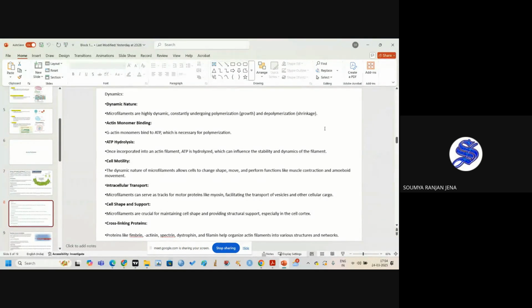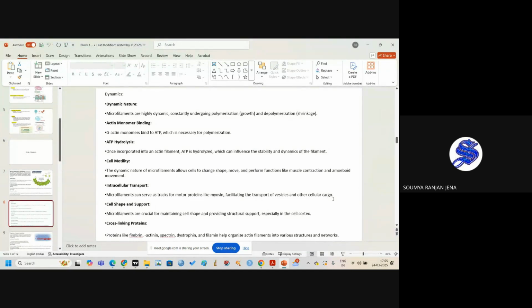And amoeboid movement means the movement of the cells because of these actin filaments. Another function is intracellular transport. Microfilaments can serve as tracks for motor proteins like myosin. This facilitates transport of vesicles and other cellular cargo.